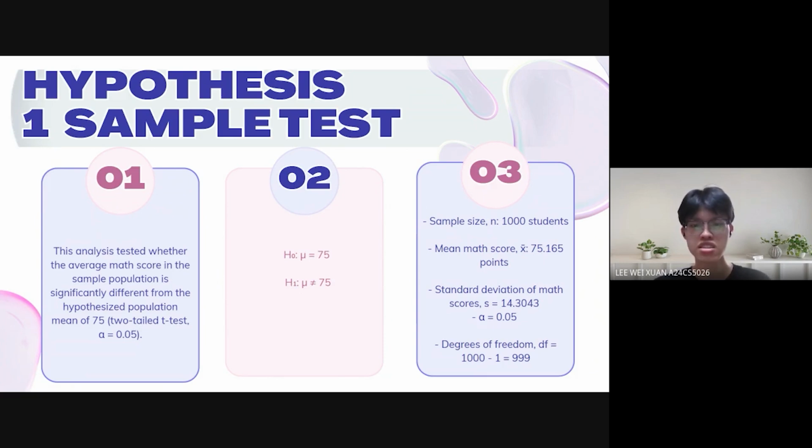The sample size n is equal to 1000 students for our dataset. The mean math score is 75.165 points. The standard deviation of the math score, S, is equal to 14.3043. The alpha is 0.05, while the degrees of freedom (df) is equal to 999.